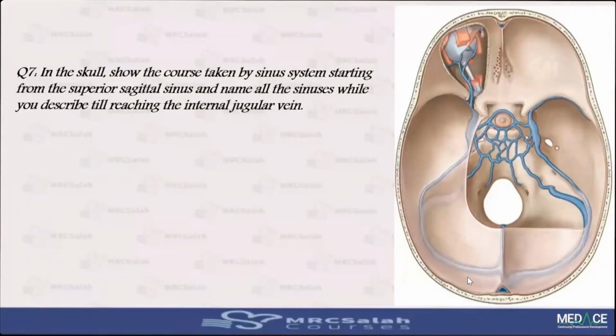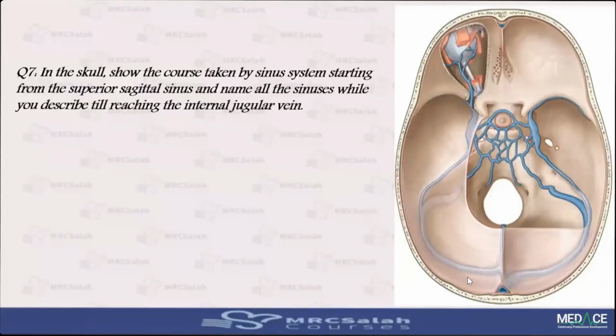The superior sagittal sinus will go to the confluence of the sinuses, and on the other hand, the cerebral veins will go to the straight sinus, which will also go to the confluence. From there, they will go to the transverse sinuses, which will go to the sigmoid sinuses.